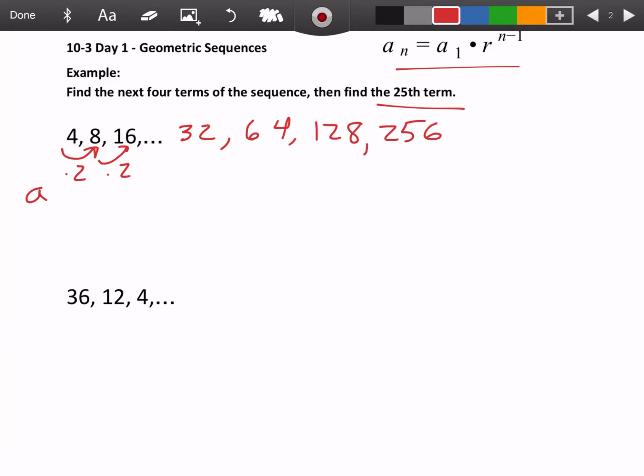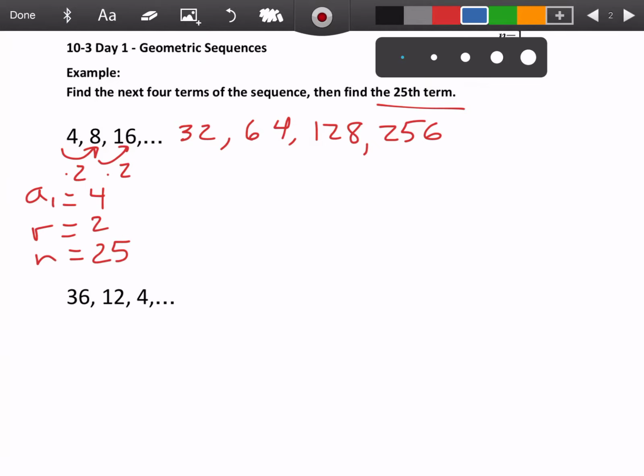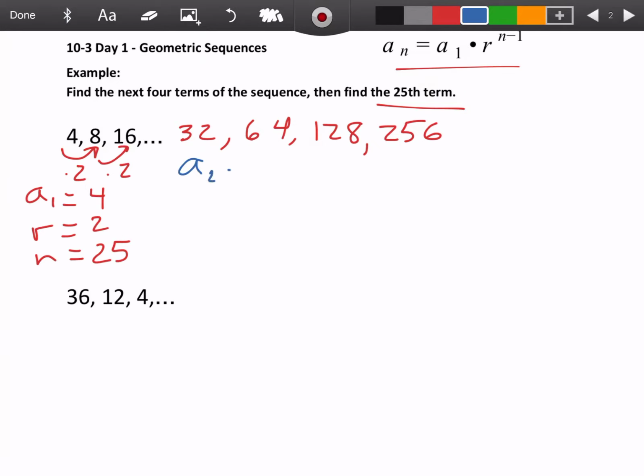So we're going to use our formula up there. We need a1, we need r, and we need n. a1 we know is 4. That's our first term. Our r is 2, because we're multiplying by 2 each time. And we want to get to the 25th term, so we're going to use 25. So a of 25 equals 4 times 2 to the 25 minus 1.